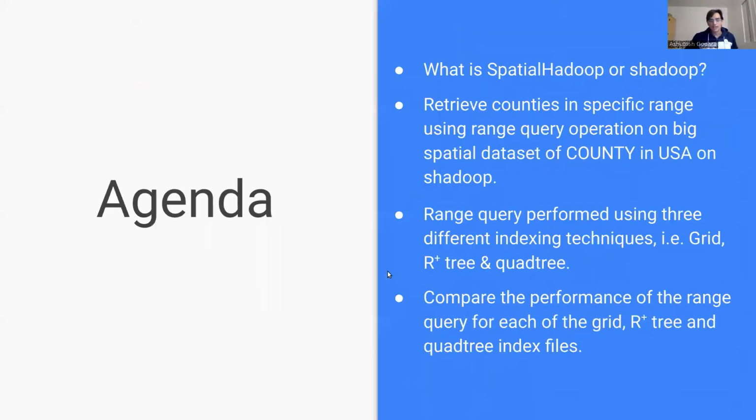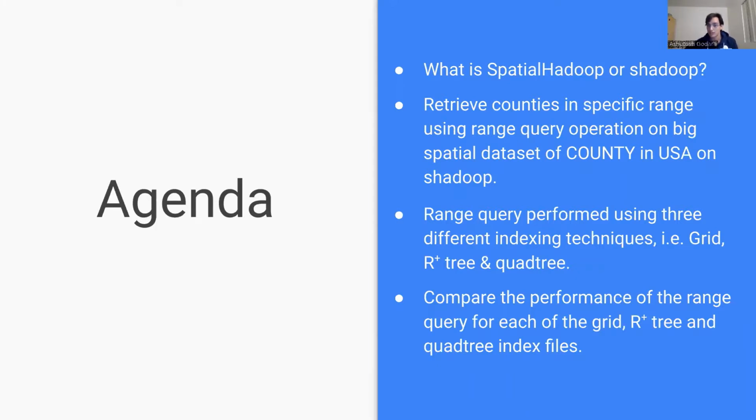So the agenda for this demo is, first, I'm going through what Spatial Hadoop is. After that, I try to retrieve counties in a specific range using a range query operation on a big spatial dataset of counties in the USA on Spatial Hadoop.